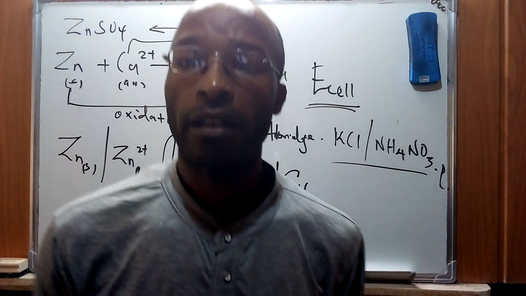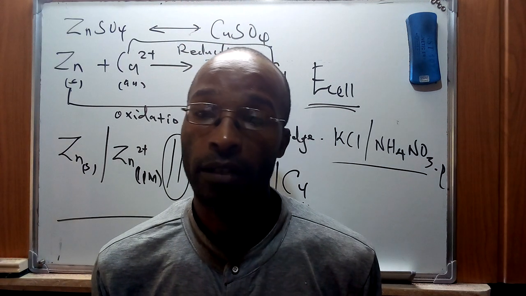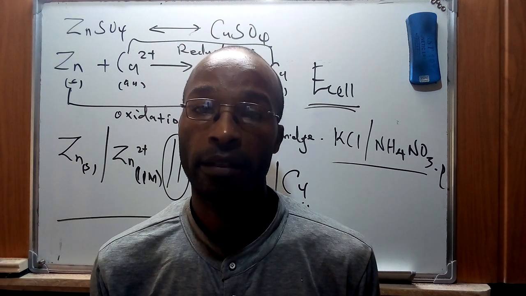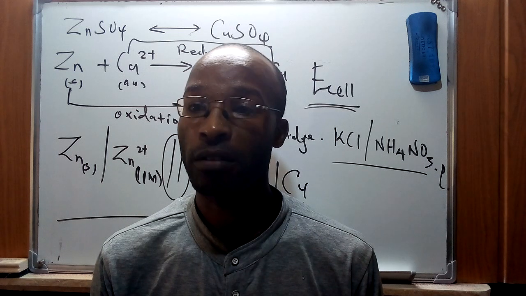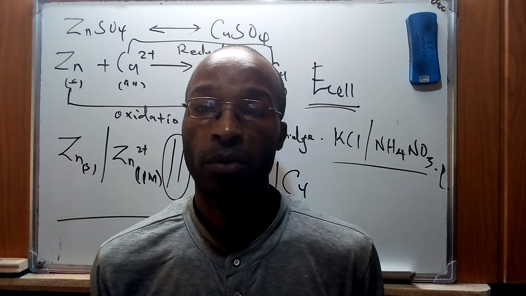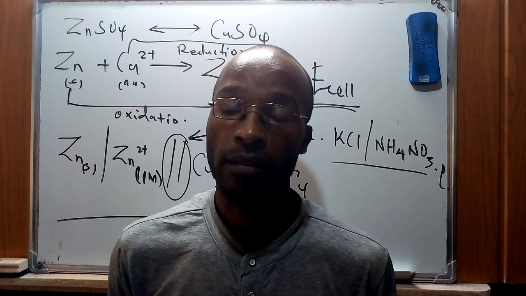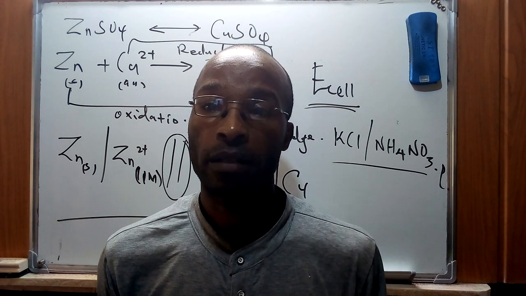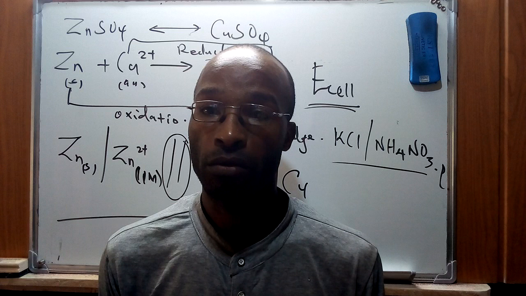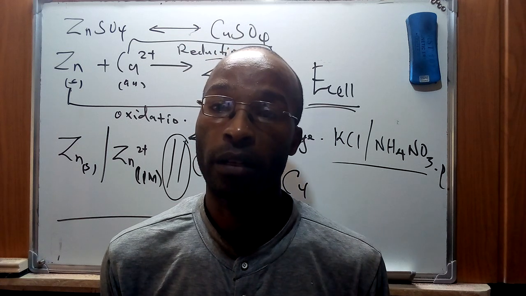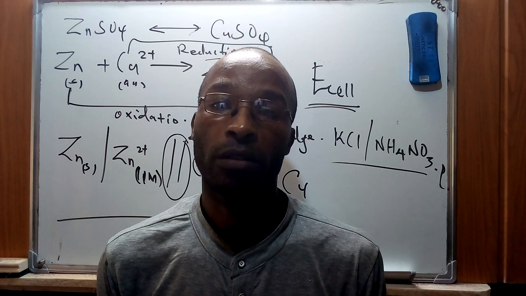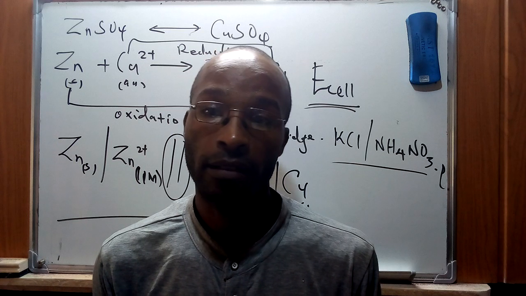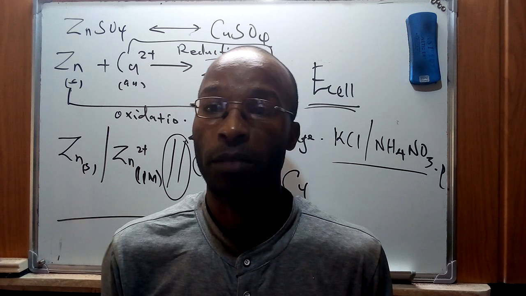So in that case, I hope that we have understood the concept of representing these spontaneous redox reactions in electrochemical cells, which can be represented as in our last illustration. We're going to do more examples on the same and try to see how we can write that in conjunction with the standard electrode potential concept that we have discussed in one of our videos on electrochemistry.